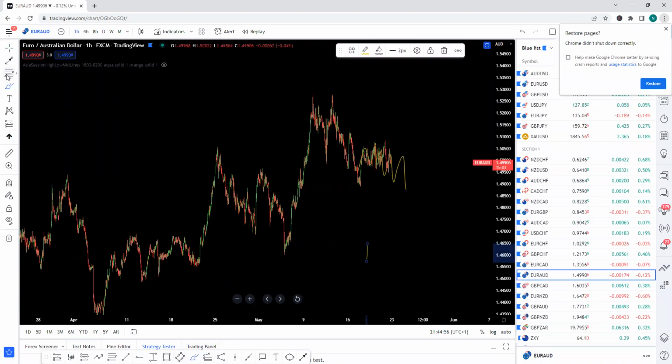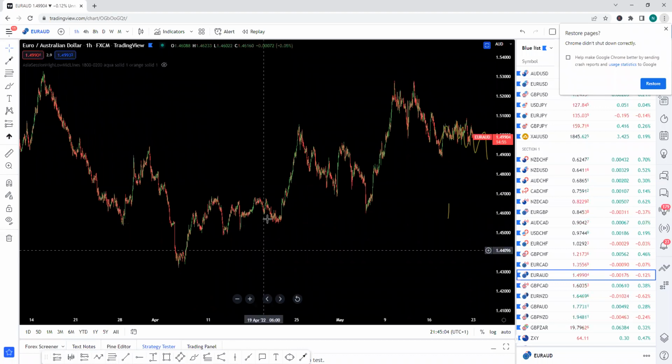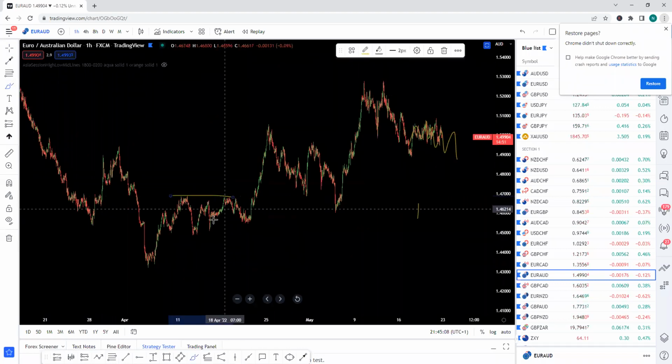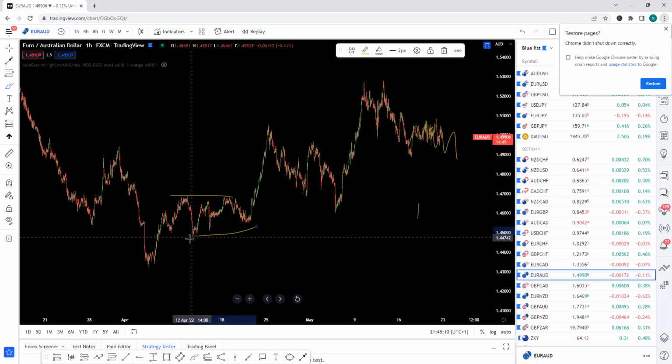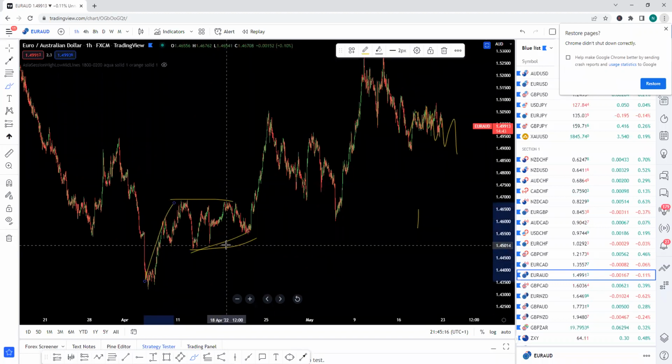Let's take this fib from here. Remember, guys, this push. Let me show you something. This push here, this is a corrective structure, guys. You are going to see it in my book or in my videos on Elliott Wave theory. This is a running flat. You have this push, you have this correction.